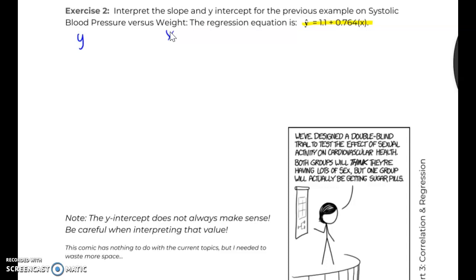So for our interpretation, we have the interpretation for the slope, which tells us what happens as x increases by 1.